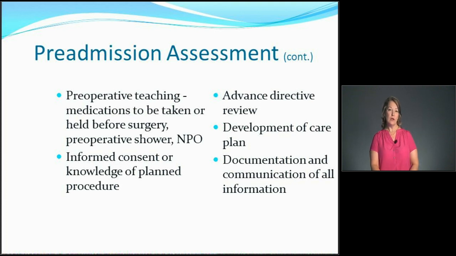For your knowledge, although it's not usually asked on the CNOR exam, NPO status for adults is clear liquids up to 2 hours prior to surgery, and no solids, sorry about that, for 6 to 8 hours prior to surgery.